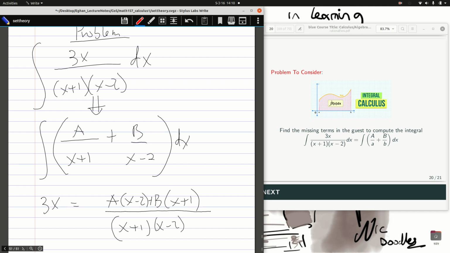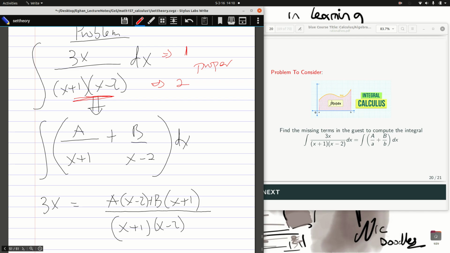We are asked to find the missing terms if we want to compute this integral, not the entire integral. So I'll give you a clue. The degree of the numerator is 1, the degree of the denominator is 2. If I expand, I'll get x squared, and it's a proper fraction, already factorized.